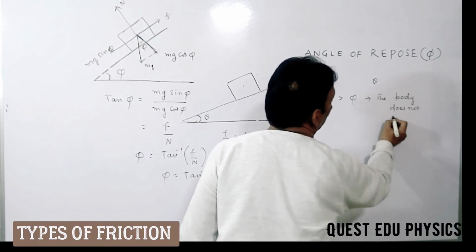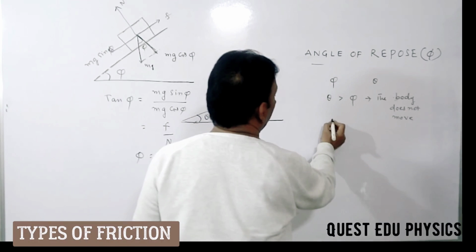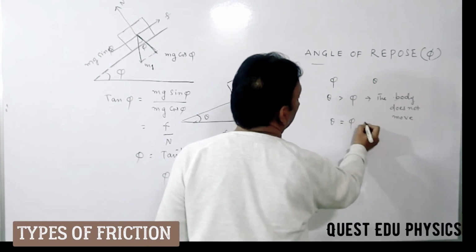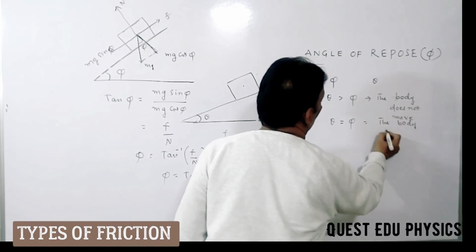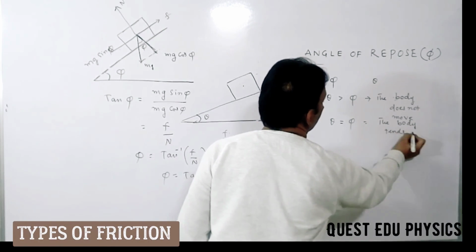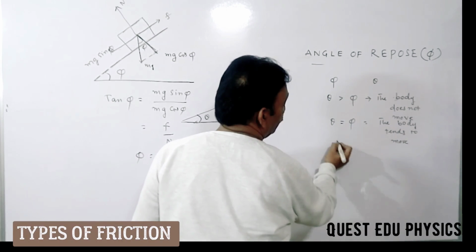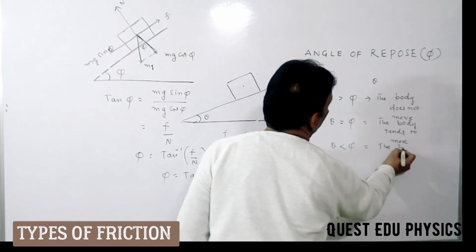You know that. Okay students, if theta is equal to phi, the body tends to move. If theta is less than phi, the body moves.